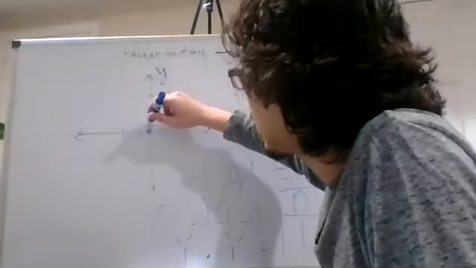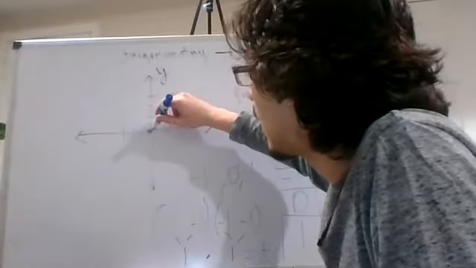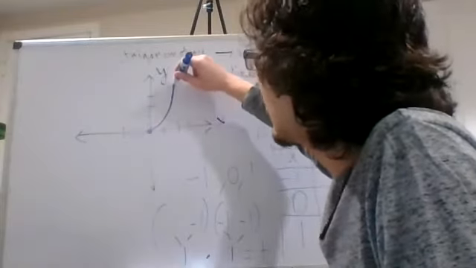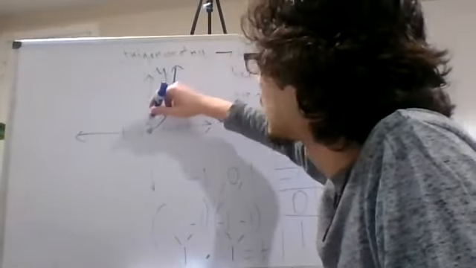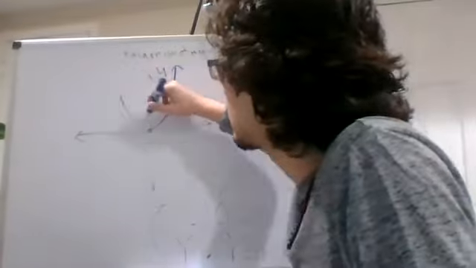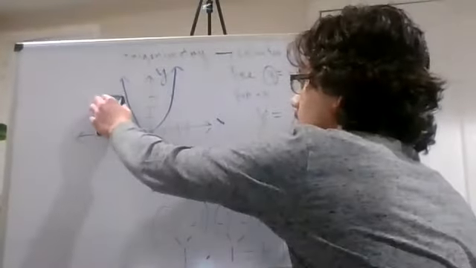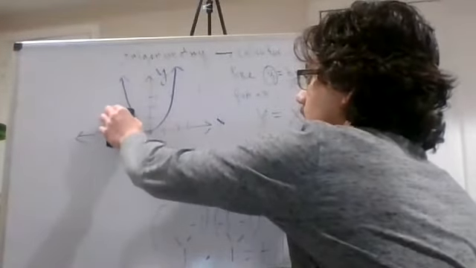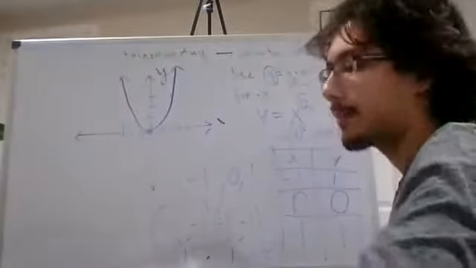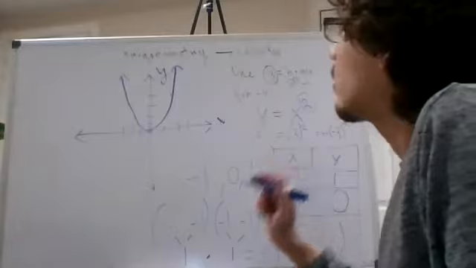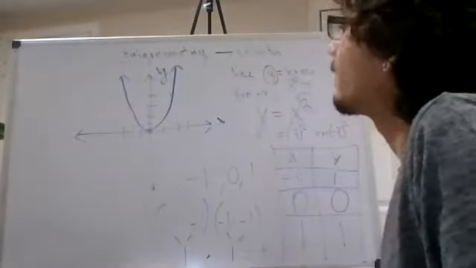So when we draw our y equals x squared, it will be a curve that looks like this. Does that make sense? Yes, sir. Okay. So this is the first curved function that you are introduced to.